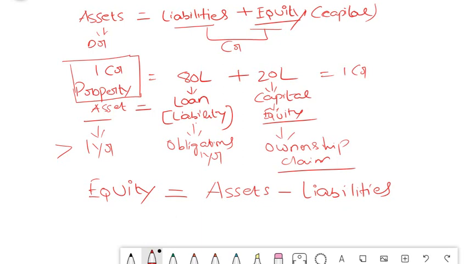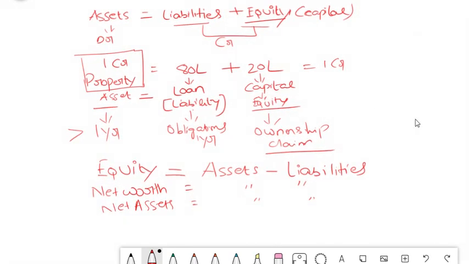Generally there is another word which is commonly used, called net worth, or they call it net assets. The formula is the same. So don't get confused. If in the question they ask you the net worth, it is nothing but your capital value or your equity value, and the formula is the same, assets minus liabilities.